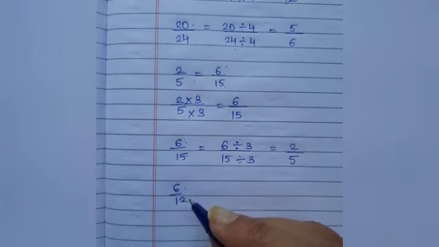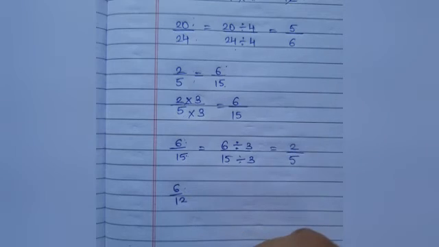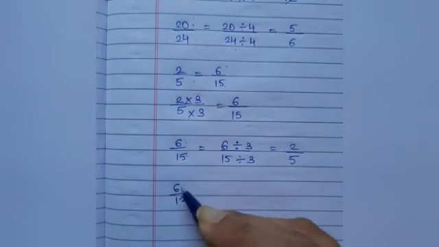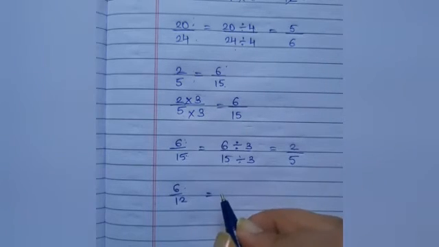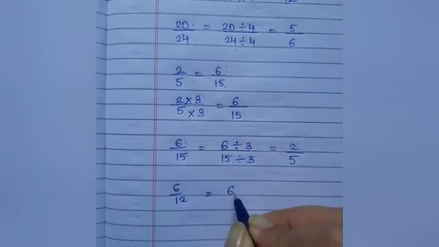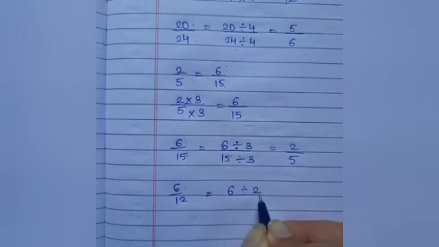So we will get two equivalent fractions for one fraction. We'll take first the table of 2. So 6 divided by 2 upon 12 divided by 2.